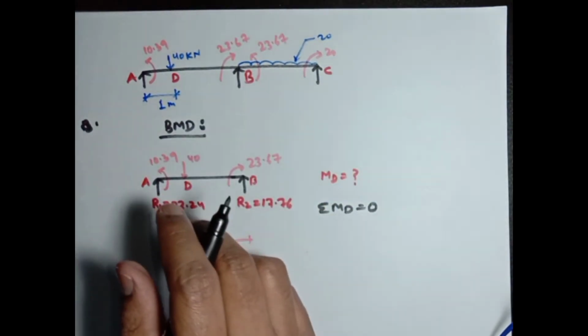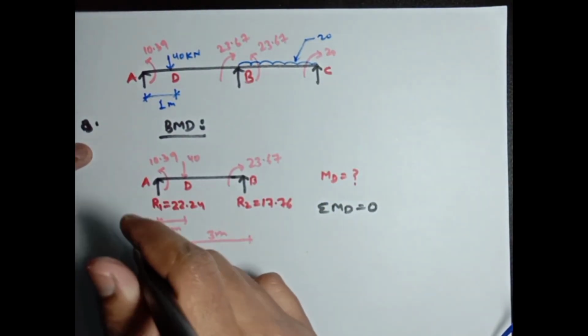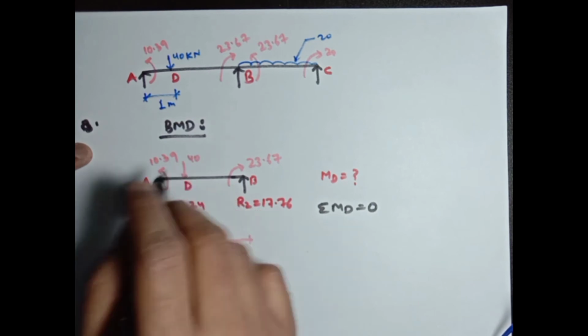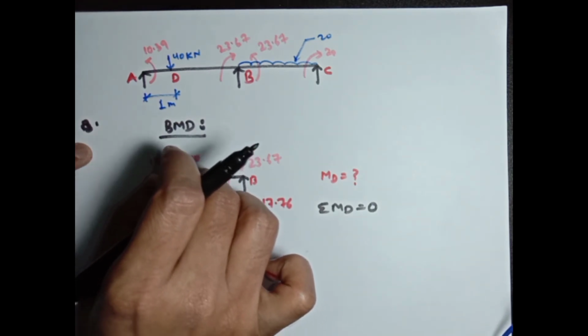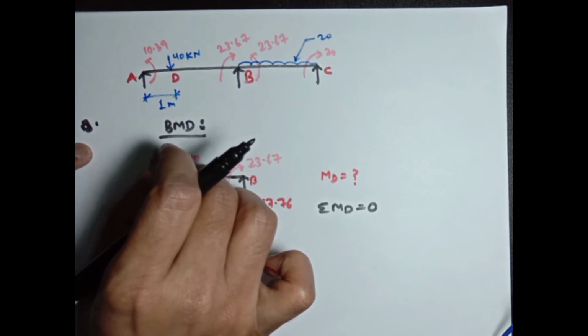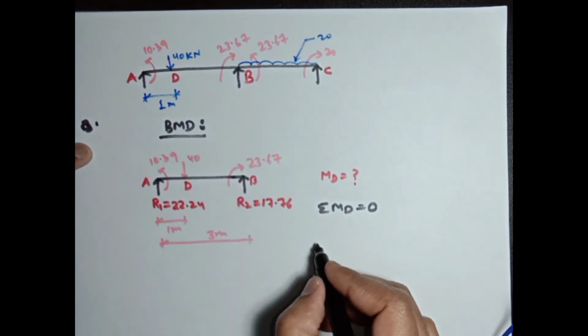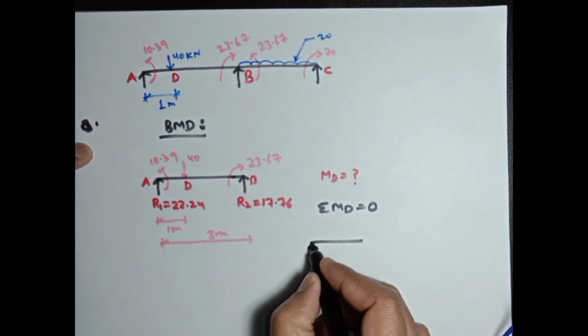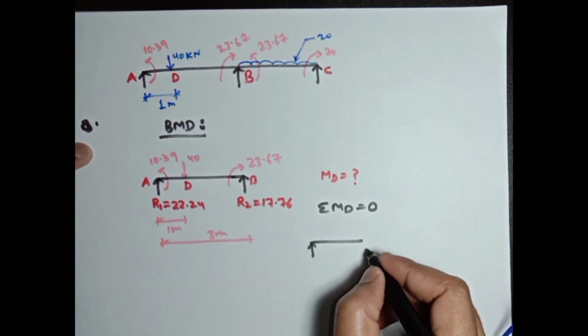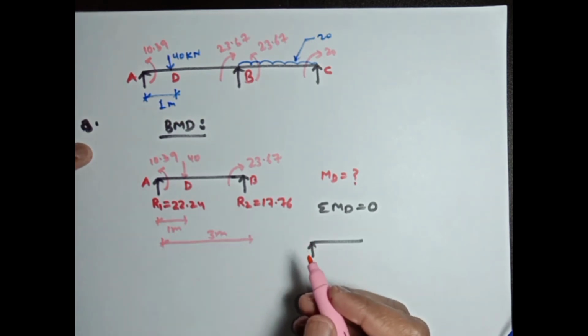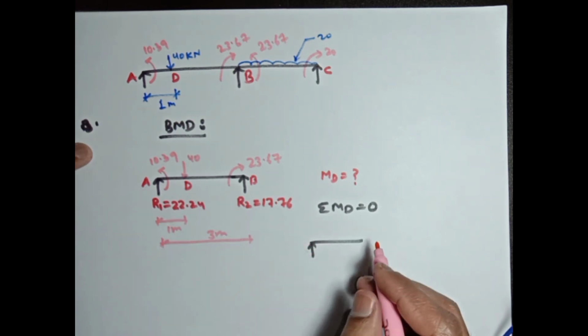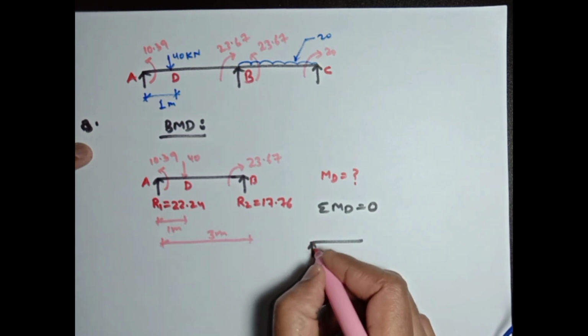Suppose we are separating out this part of this beam. So it will be something like this, this is A, and this will give a moment here.